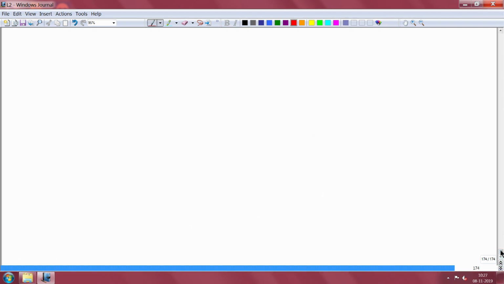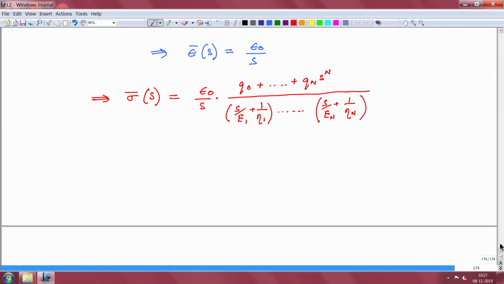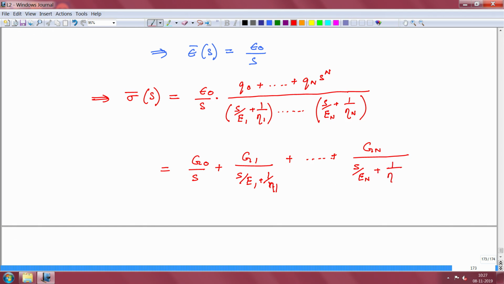So you can show that this rational fraction is equivalent to some constants, and now the fractions, you can just take the individual terms here and go on constructing all the terms till g n, and for the g n case you have a denominator that is s plus E n by eta n to the power n.